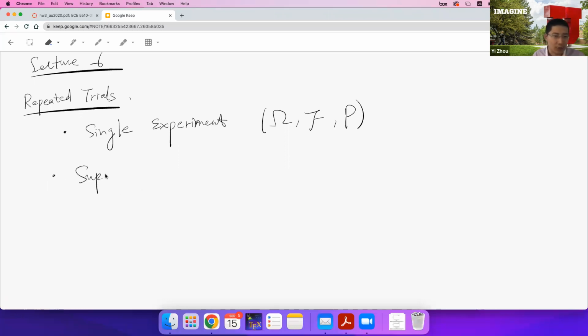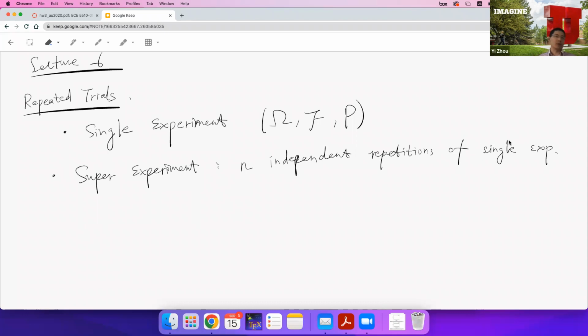And then we can consider a super experiment, which is composed of n independent repetitions of this single experiment. So, for example, you can flip the coin n times. Every time is independent from the other trials.